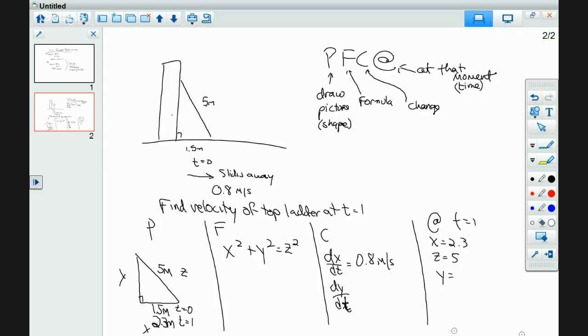Square root of 25 minus 2.3 squared. Okay, we have everything laid out as we need it.